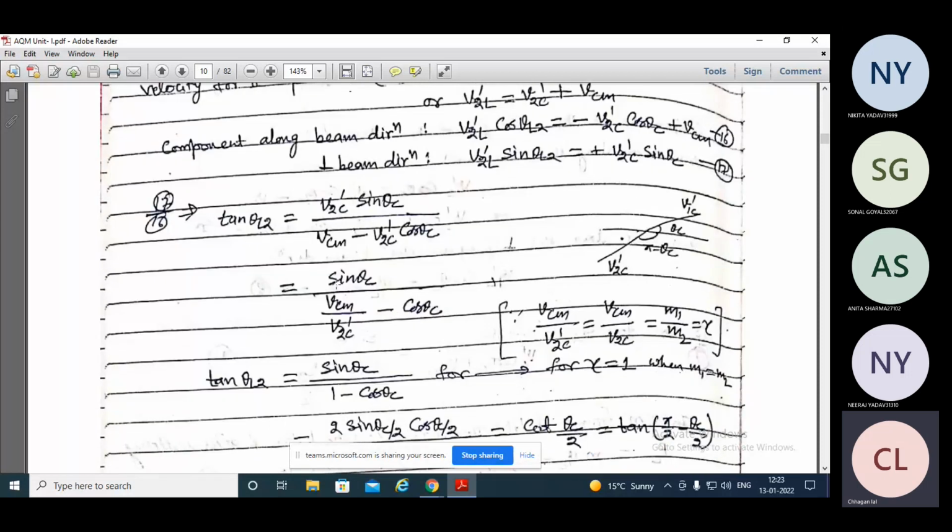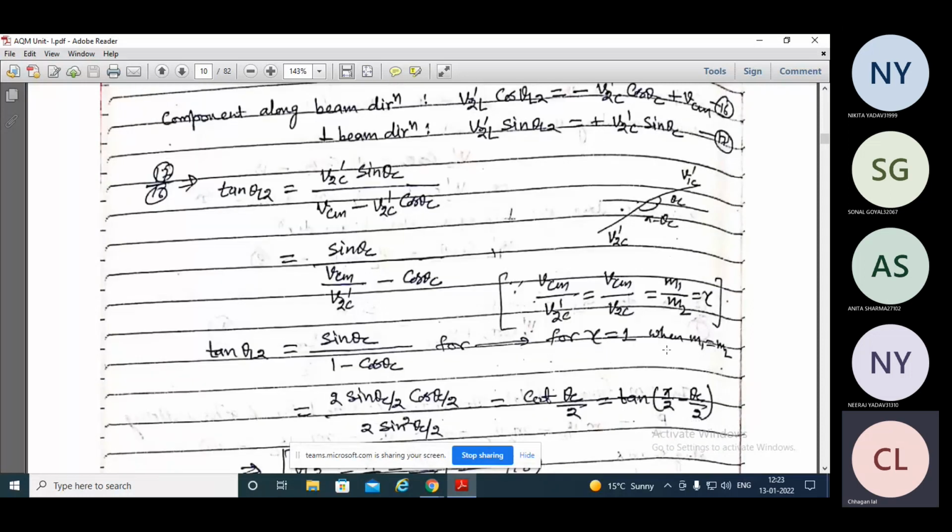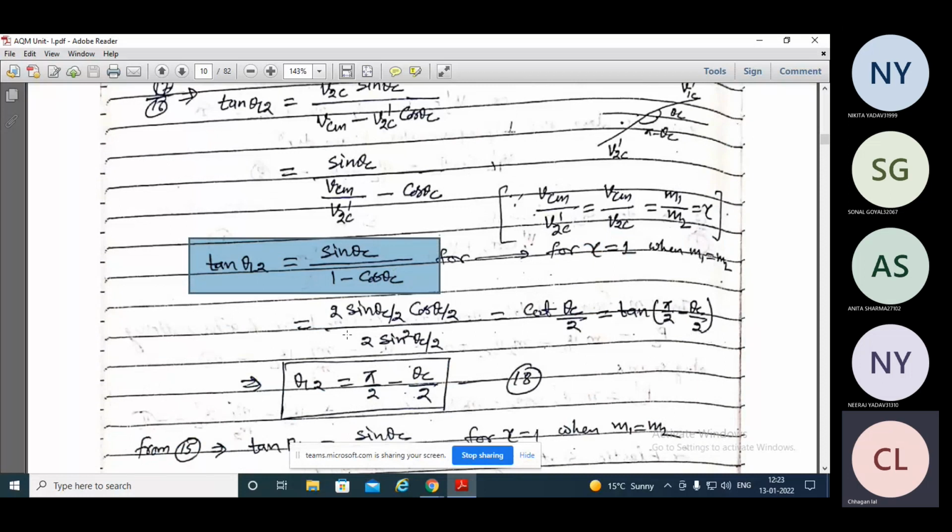Here we can represent sin theta C over gamma minus the cos theta C. And in a more easy term, when M1 equals M2, then we can represent gamma equal to 1. So again, it is a very simple term for us. So now tan theta L2 equals sin theta C over 1 minus the cos theta C. So this is the term from where we can calculate other more things.